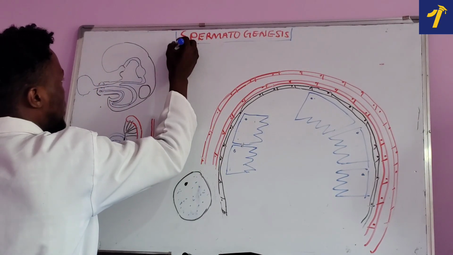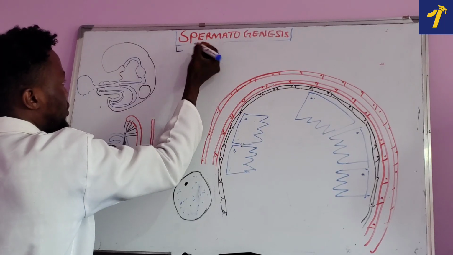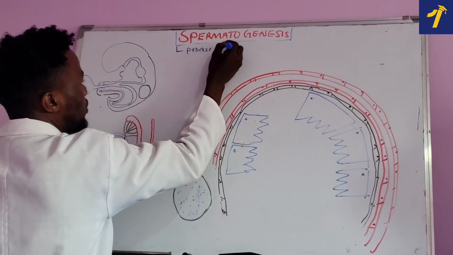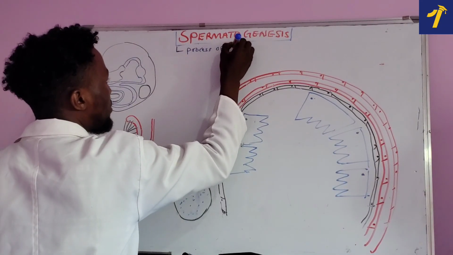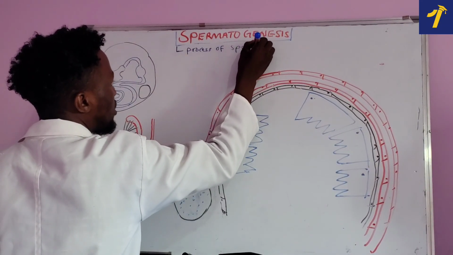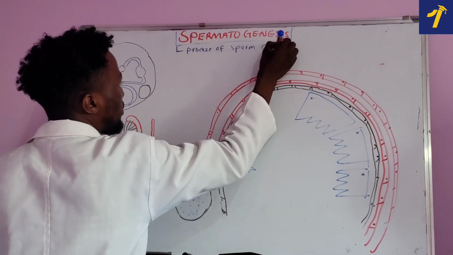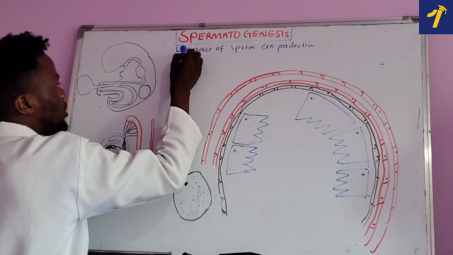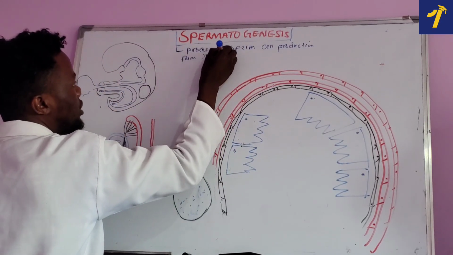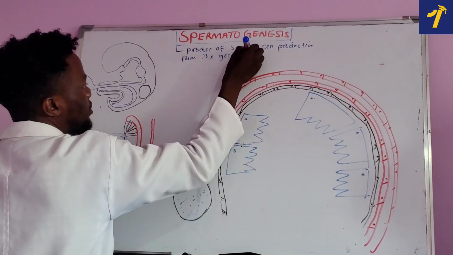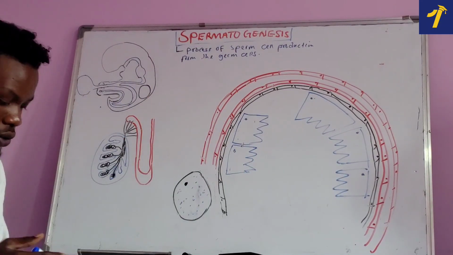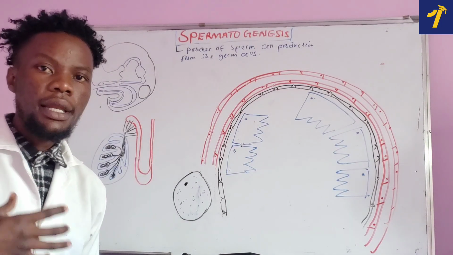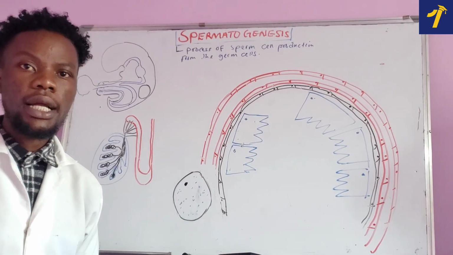Spermatogenesis is just the process of sperm cell production from the germ cells. So now, to fully understand this definition, we need to highlight certain important terminology so that we understand fully.